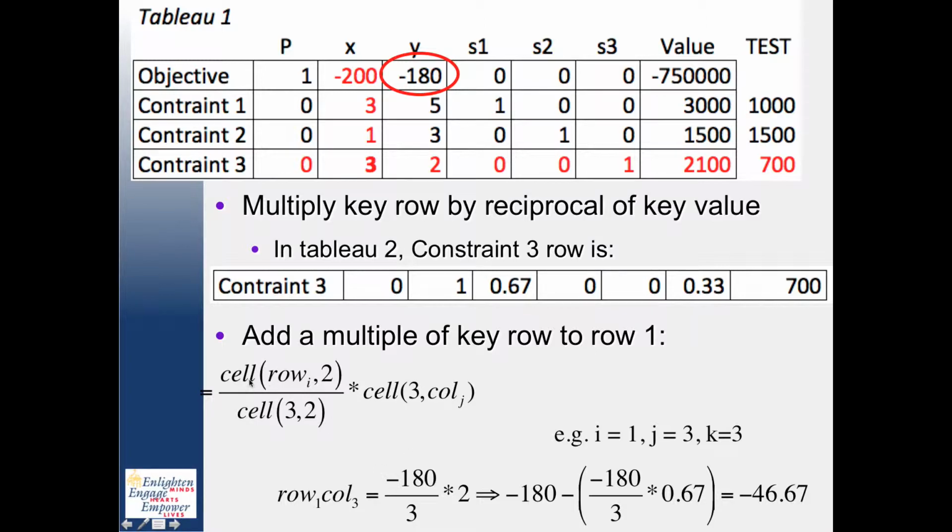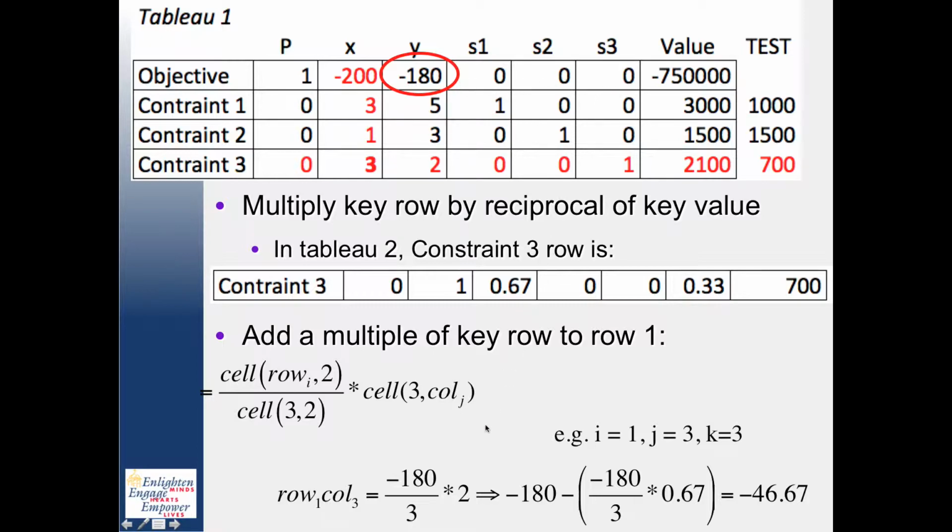So this is minus 180 divided by 3, right? That's that one, times 2. 2 is this cell right here, right? It's the key row, third column. It's basically, I'm just multiplying this whole row, each element in this row, by the multiplier, and then adding it to this first row.